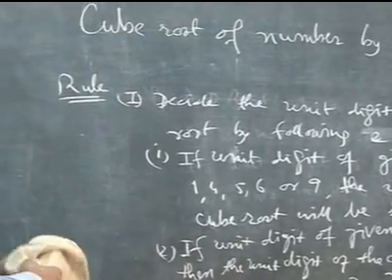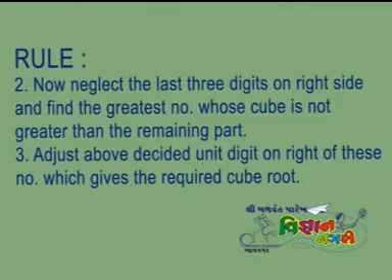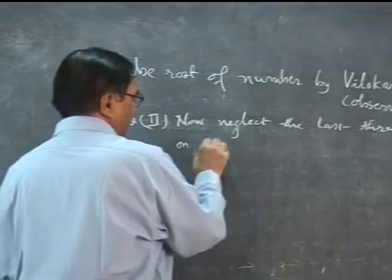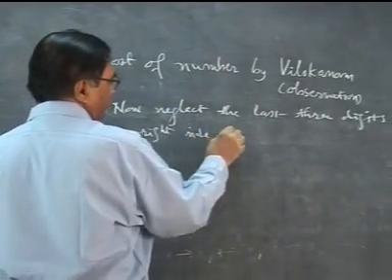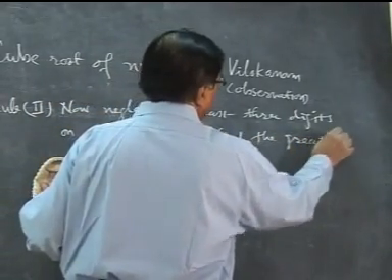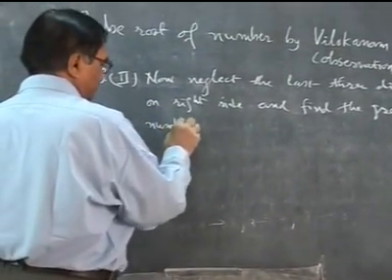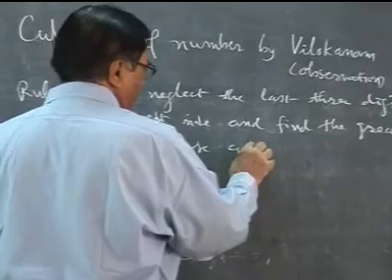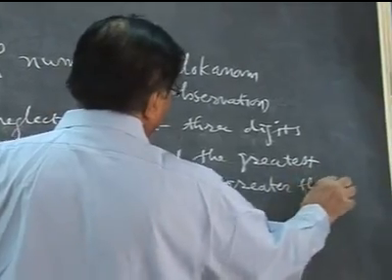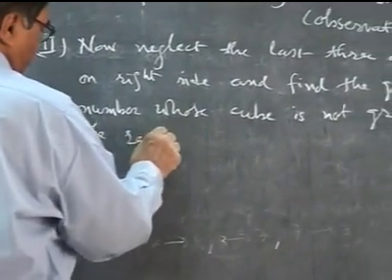Now, second. Neglect the last 3 digits on the right side and find the greatest number whose cube is not greater than the remaining part.